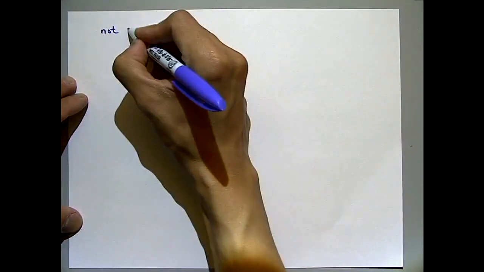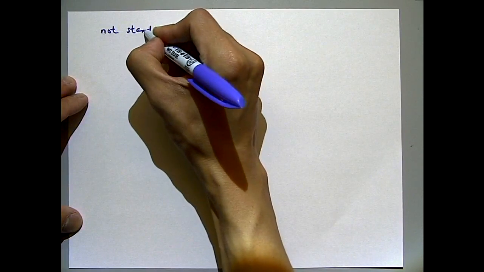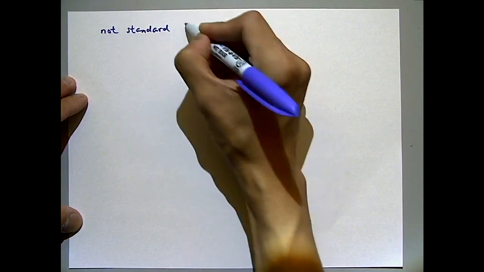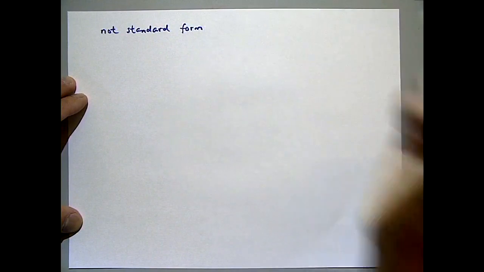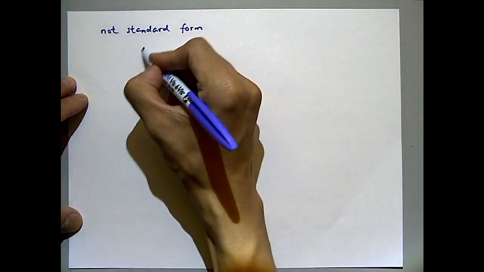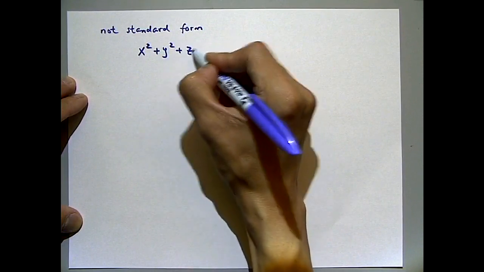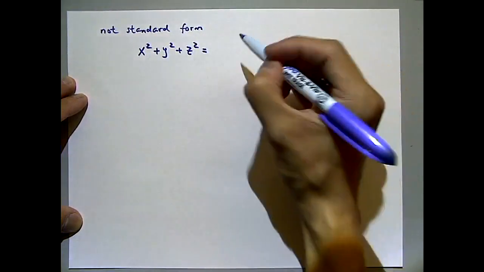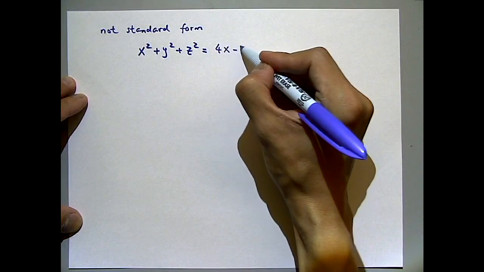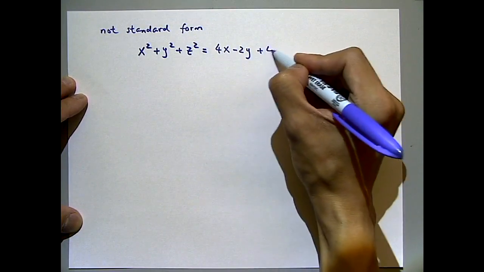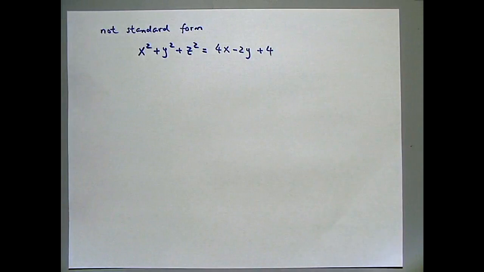Now, sometimes you get a sphere that's not in the standard form. For example, x squared plus y squared plus z squared is equal to 4x minus 2y plus 4.